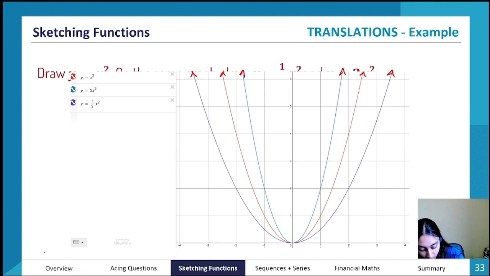If our original function y equals x squared is in red, the one that is looking taller will be y equals 2x squared because our k factor is larger. And the one that is looking a bit stouter and wider will be y equals a half x squared because it's been squished. Awesome. And in terms of what we're missing, we also need to add our axes. Perfect.